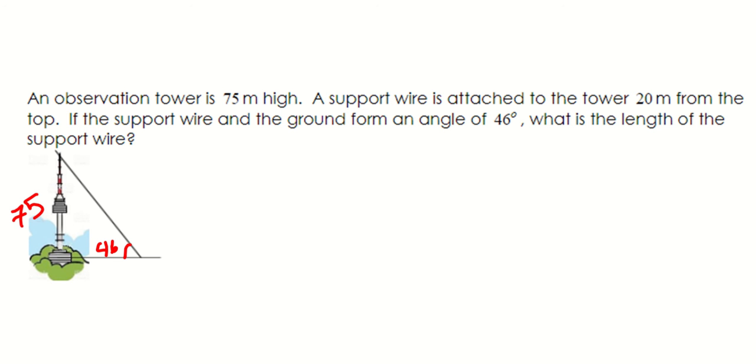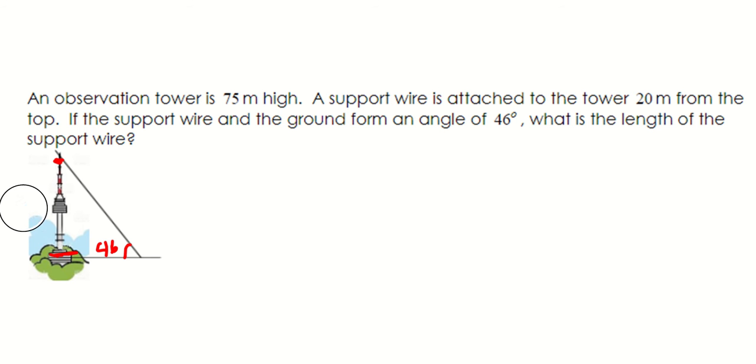What is the length of the support wire? So the whole tower is 75, but where this attaches to the bottom, because it's 20 meters from the top, is actually going to be a height of 55.